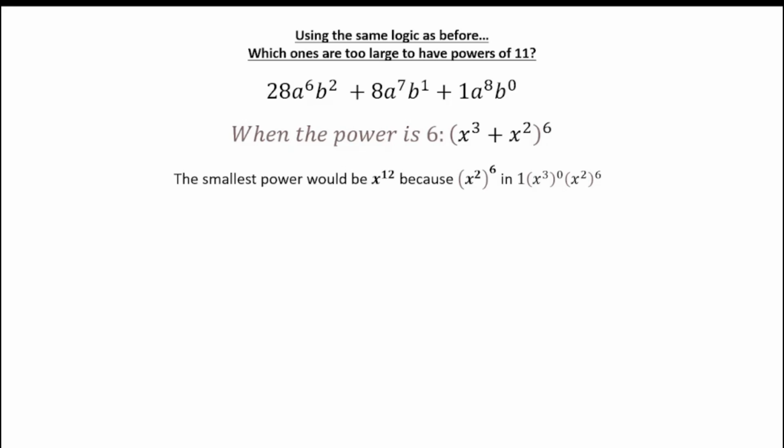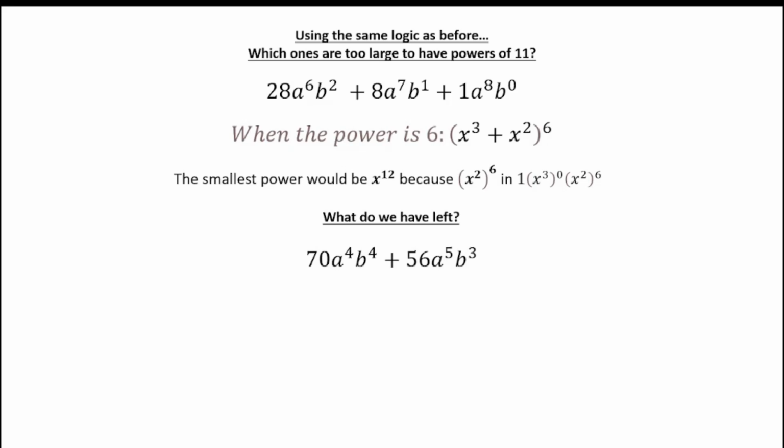It can't go any smaller than this, because when you expand this binomial, the smallest term would be 1 multiplied by x cubed to the 0, so 1, multiplied by x to the 12. And so it doesn't go below x to the 12.